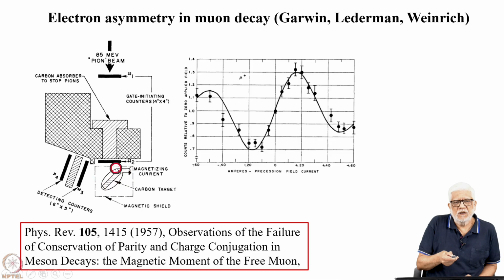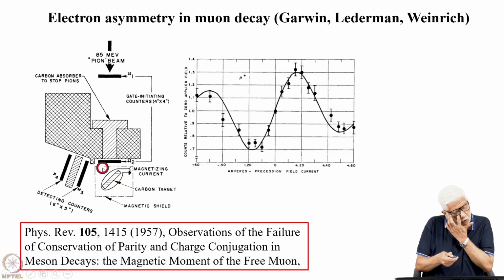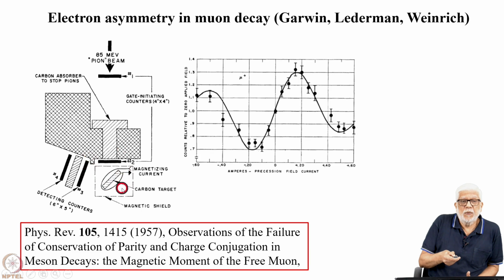So, within 26 nanoseconds, the pion decays to a muon, and then the muon also stops in this same material, but the decay electron is measured in this detector here. So, these are detector counters which measure the decay electrons. There is also a provision of putting a magnetic field in this.